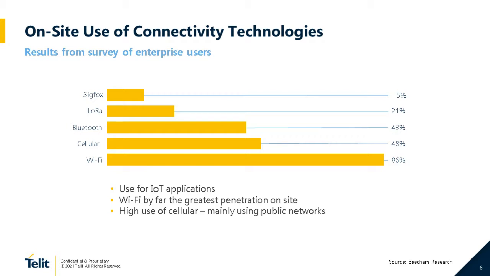Bluetooth is still also present, in particular to connect devices like barcode readers or simply to configure a device or tool. Also, LoRa and Sigfox are used, and those technologies compete with cellular. Of course, companies are now mixing different technologies, and can use either Wi-Fi or LTE depending on the specific needs.